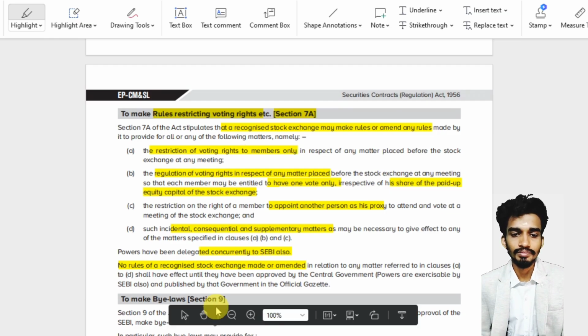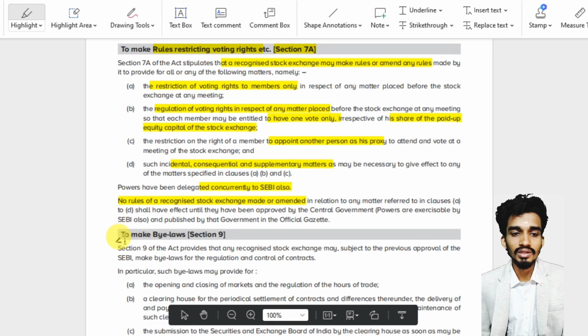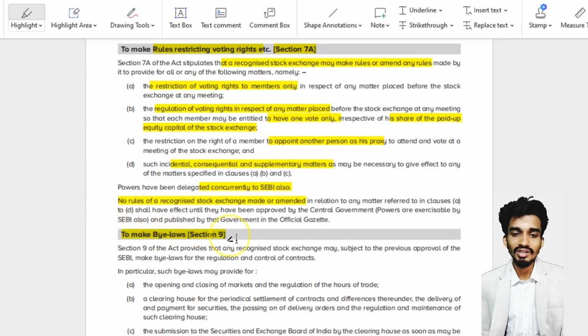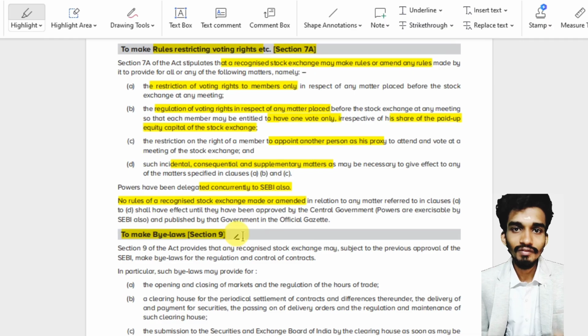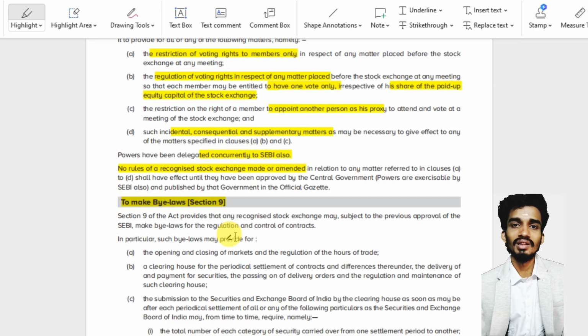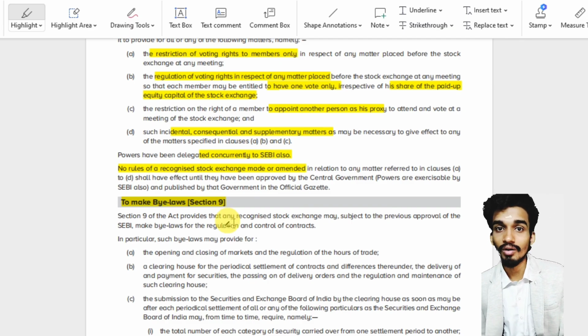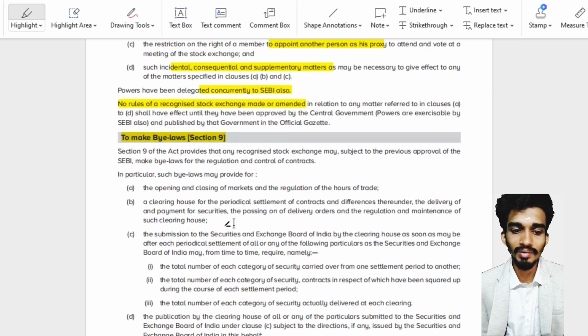Now, to make bylaws. Section 9 talks about the recognized stock exchange making their own bylaws, like the opening and closing of markets, and any periodical return statement timelines.